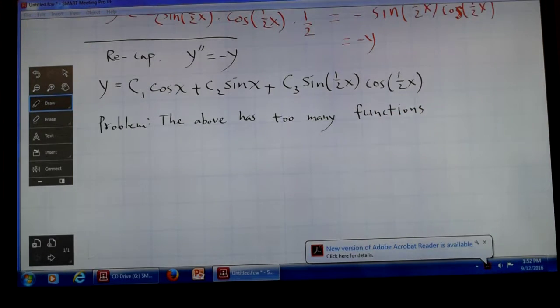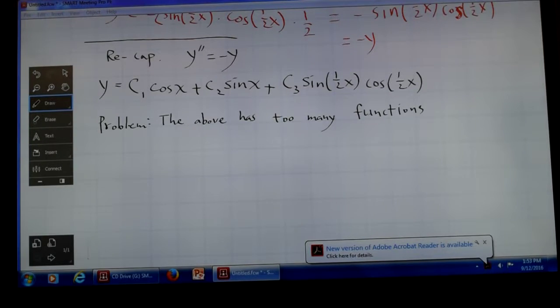You should only have two, and seeing three makes us a little suspicious. So what's going on here? It looks like we have three different solutions to a second order differential equation, and we ended up with three free variables. But in reality, it's really just two solutions. So one of the answers is not really needed.